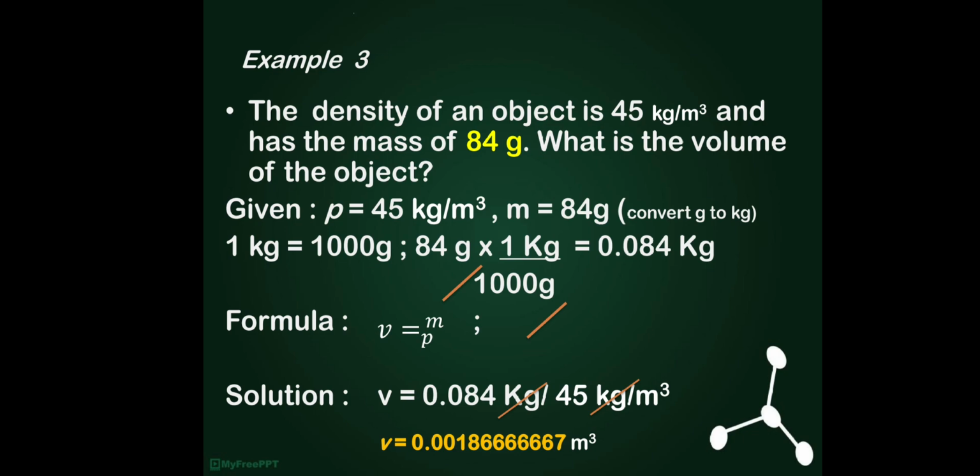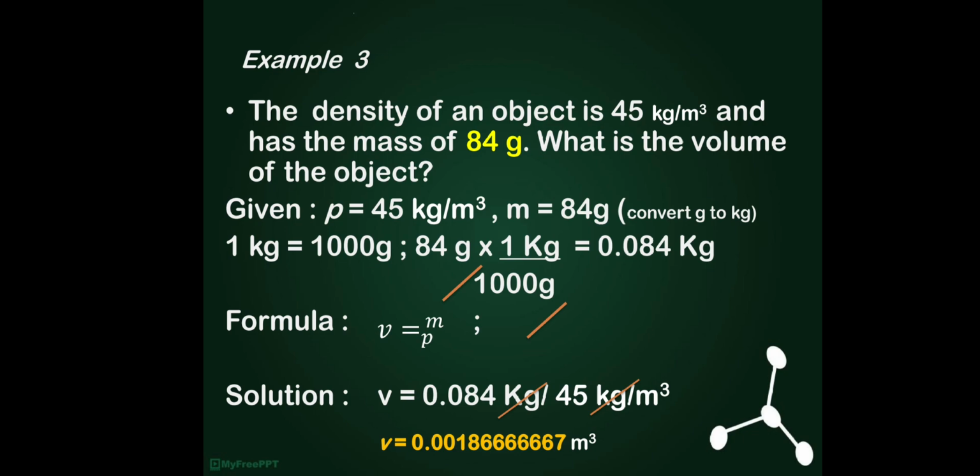For the formula, we have volume equals mass divided by density. So the solution would be volume equals the given mass, 0.084 kilogram, divided by the given density, 45 kilogram per cubic meter.